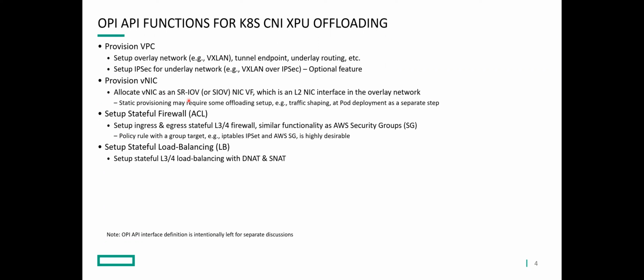I think it is a choice of the vendors if they want to support static only or go for the dynamic as well. And I think the SIOV makes it a little easier compared to the SR-IOV. But the point is the feature at end state needs to be able to provision the VNIC in one way or the other.